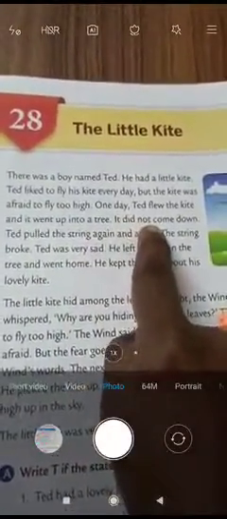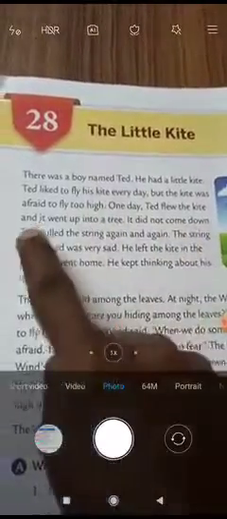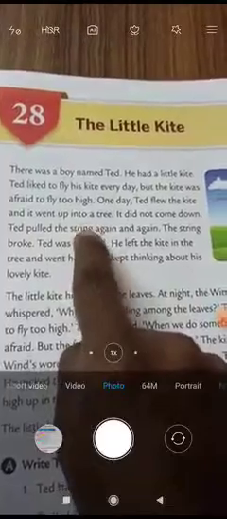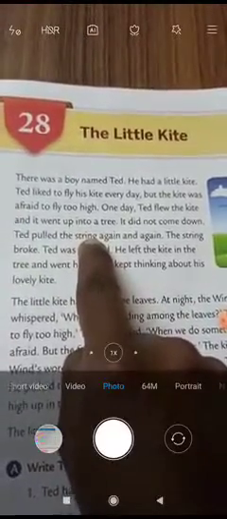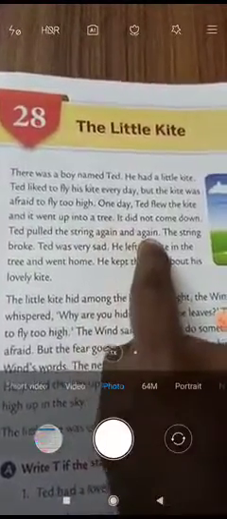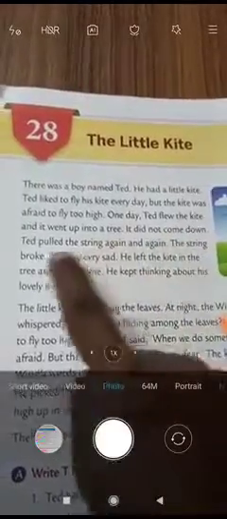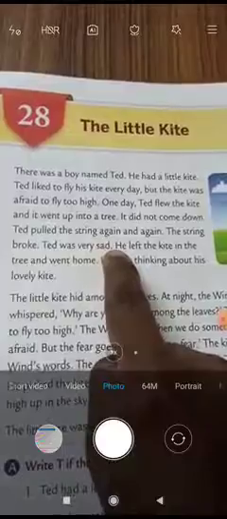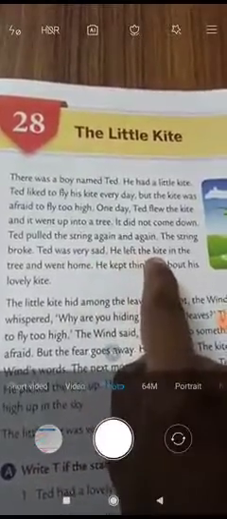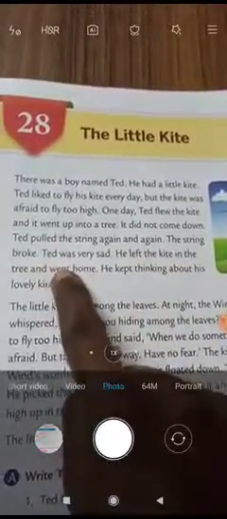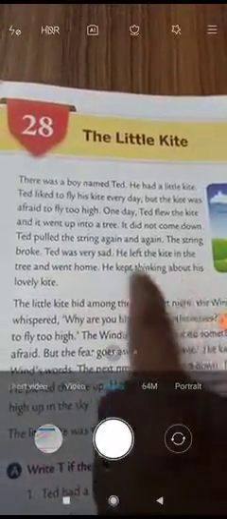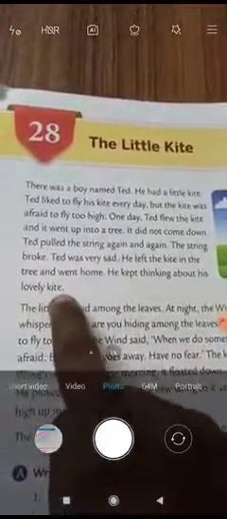It did not come down. Ted pulled the string, means thread, again and again. The string broke. Ted was very sad. He left the kite in the tree and went home. He kept thinking about his lovely kite.